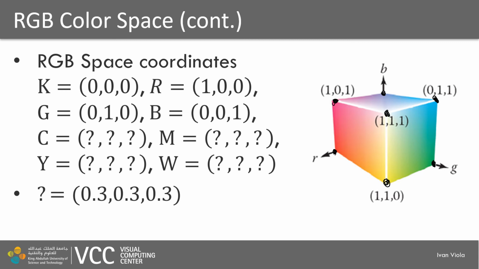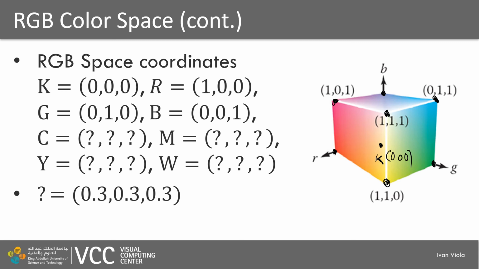Such a color will be positioned, if we say that here is the K, the 0, 0, 0, then this is at the back, which we cannot see.